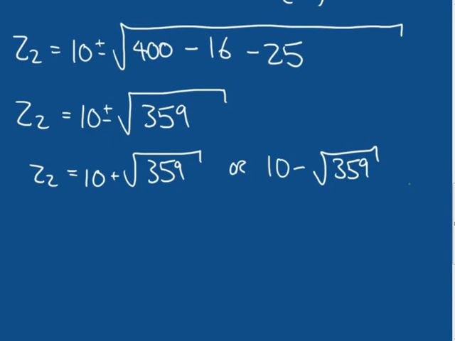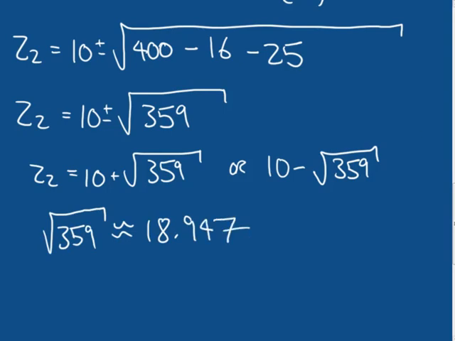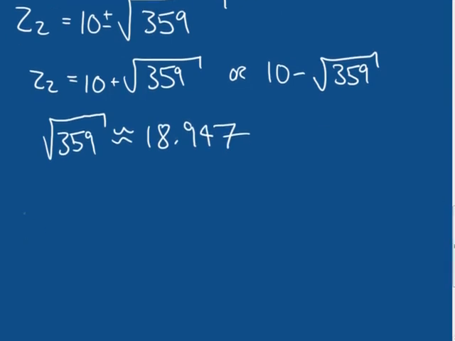I'm going to do that. I'm going to use a calculator to work out the value of root 359. So root 359 is approximately equal to 18.947. So because it's approximately equal to that, that means that z2 is equal to 10 plus 18.947 approximately, but I'm just going to say equals from here on out.